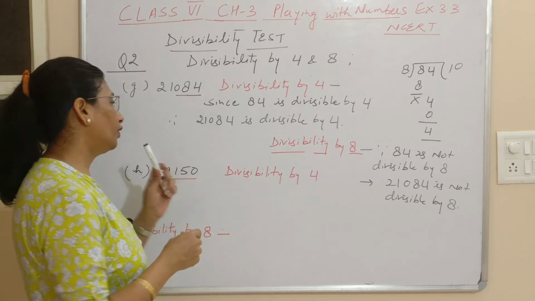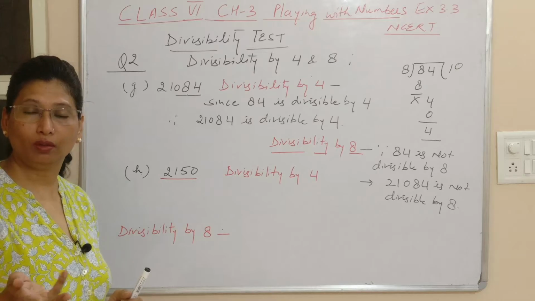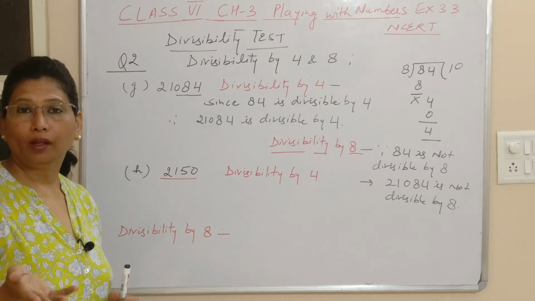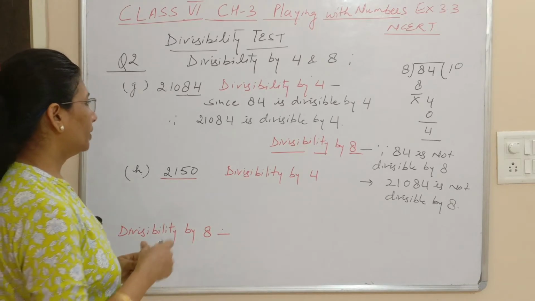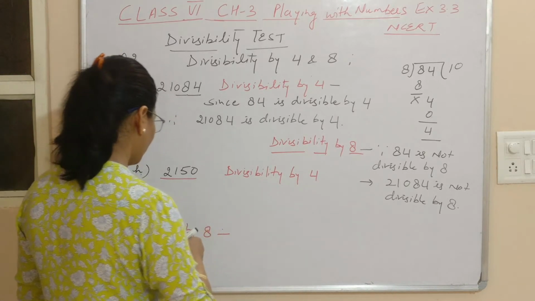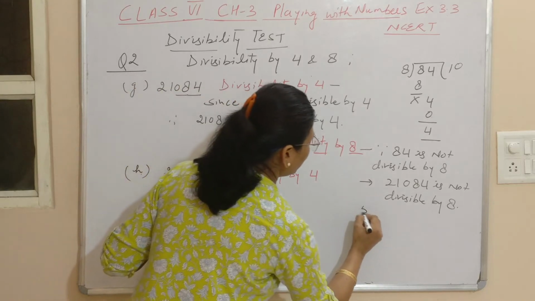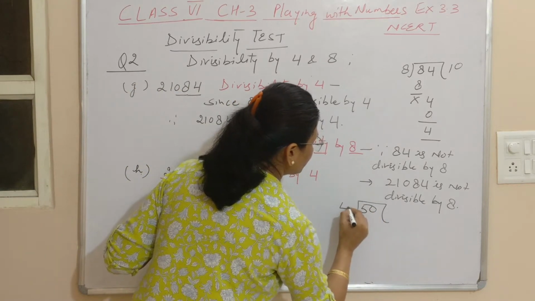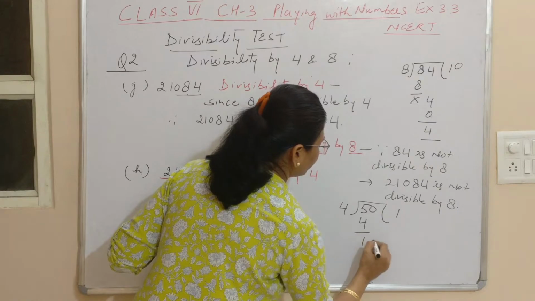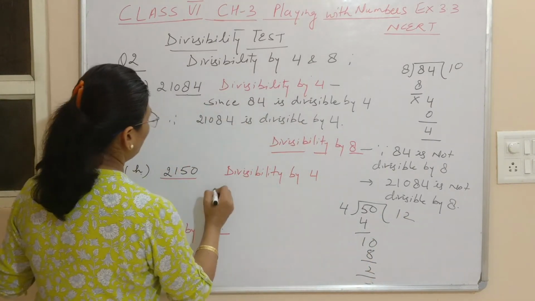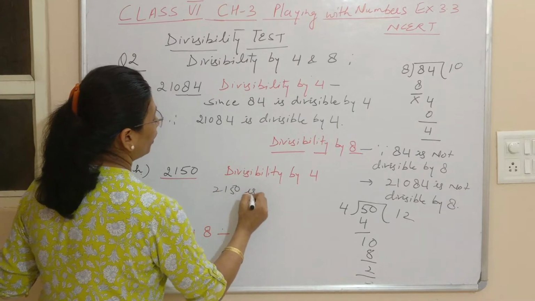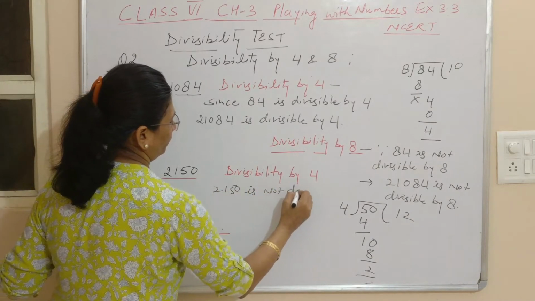You will divide 50 by 4. If you know the table, 13 4s are 52, so it's not divisible. But still, if you are not confident, you can start with the division of 50 and just try. It's not divisible. So 2150 is not divisible by 4.